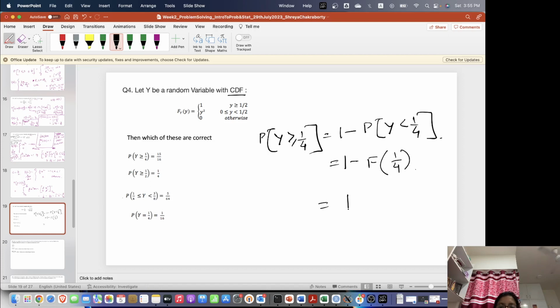So this one will be 1 minus F of 1/4, which is 1 by 16, that is 15 by 16.